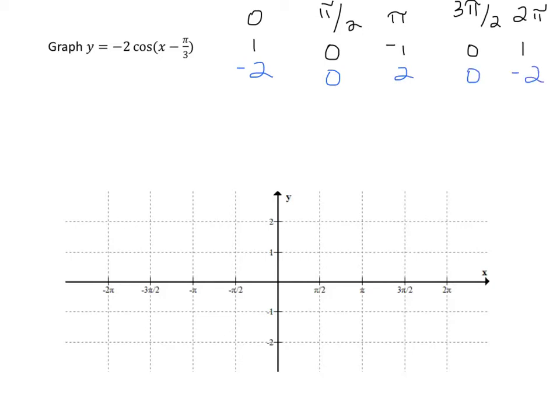So from here, I actually graph what I've got happening: 0, -2, pi over 2, 0, pi, 2, 3 pi over 2, 0, 2 pi, -2. And I'll graph the same thing backwards.